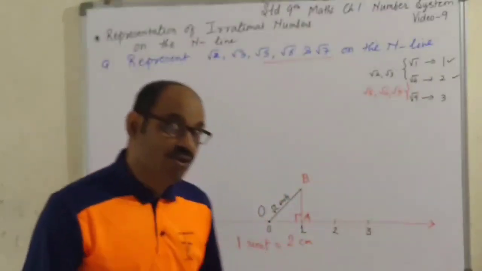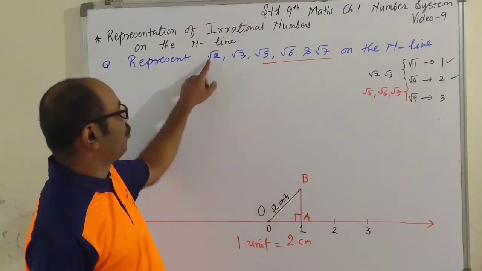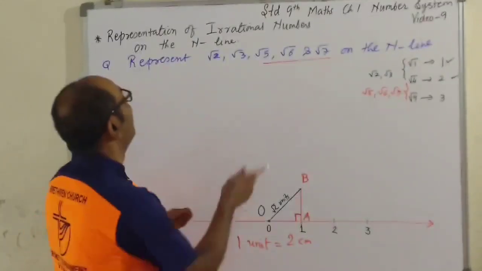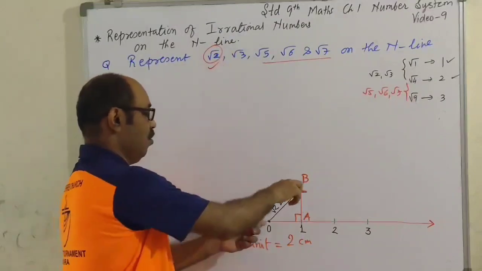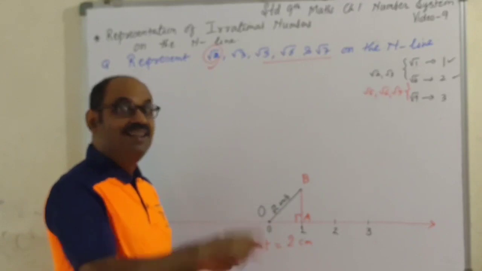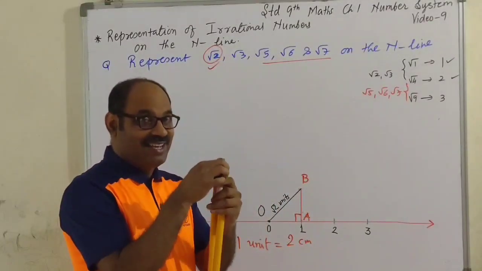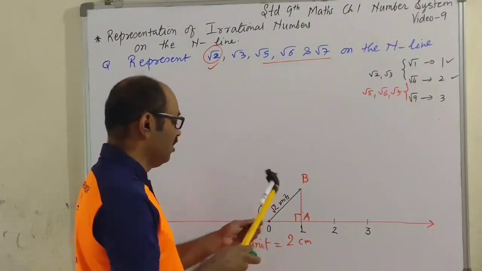Children, so you have constructed one right triangle and you got root 2. You got root 2. OB is equal to root 2 units. Let's draw a circle. Let's project this distance on the number line. And for that, now I'll have to change the radius. Projection.